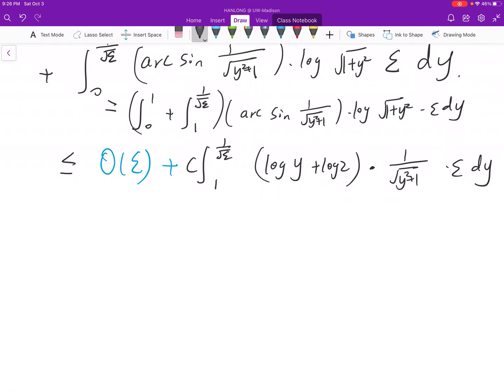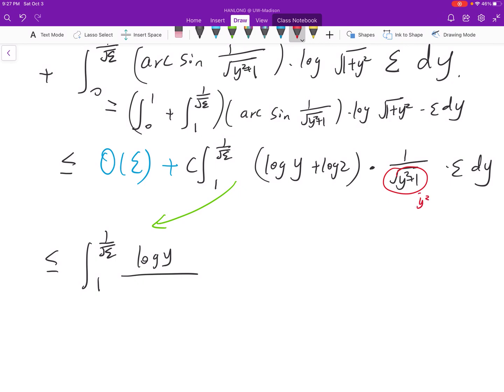And then from this, it's clear that, okay, let's make it this. So for this part it is less than the integral from 1 to 1 over square root epsilon of log y divided by, we don't like this, so we change it to y squared square root over 2.